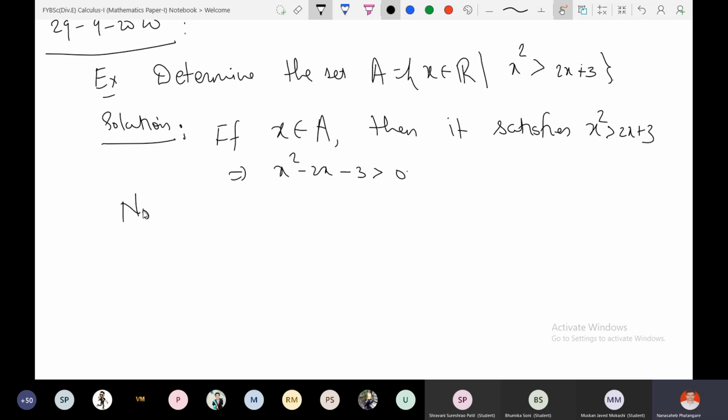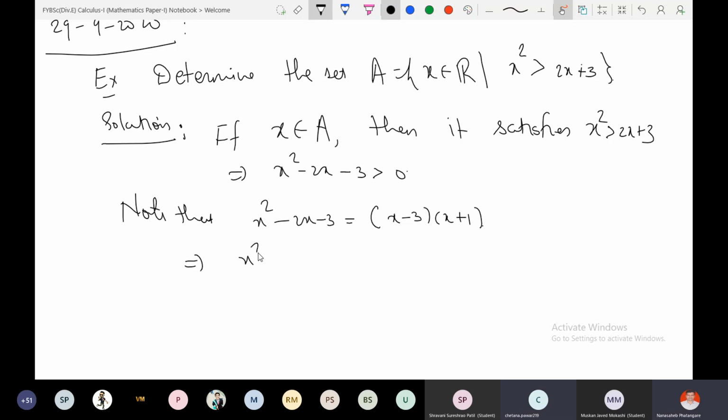Now note that x square minus 2x minus 3, can we factorize this? And what are the factors? x minus 3 and x plus 1. Very good.